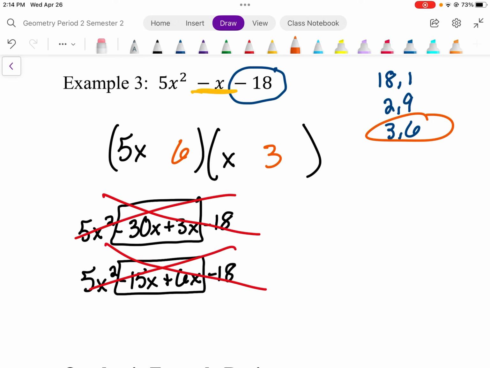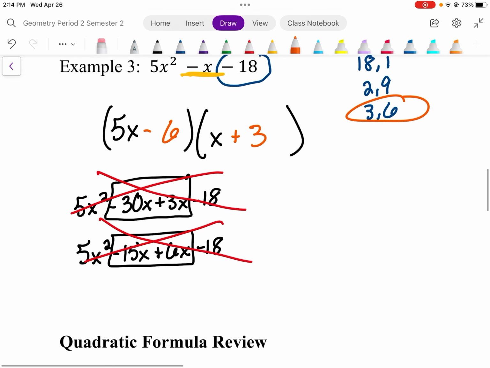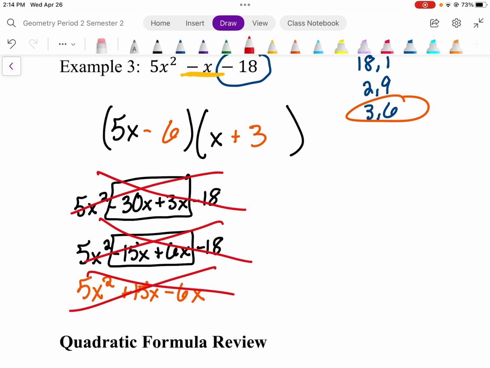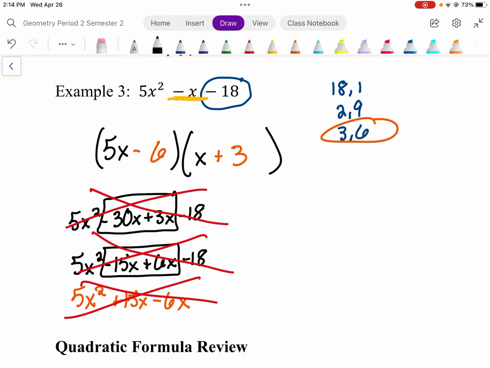What if we make the first one negative and the second one positive? If we did that, we would get 5x squared plus 15x minus 6x, and that one's still not going to be close enough because there's more than one difference in that. Okay, and if we were to do it with the other one, it would still end up being the same.